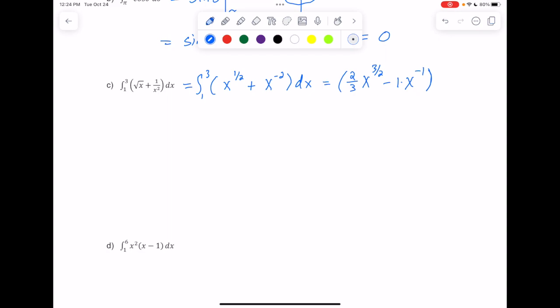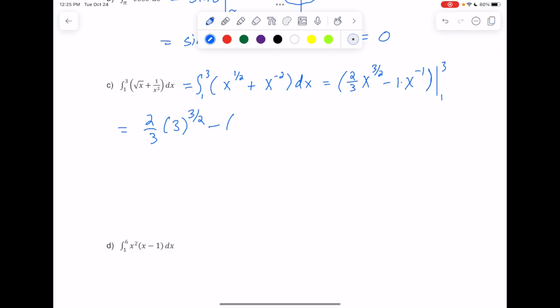So there's an antiderivative. You can check that real quick by taking derivatives and verify that you get back what's on the inside. And then for a definite integral, we then need to evaluate that from the lower limit, which was 1, to the upper limit, which is 3, which again means plug in the upper limit and then subtract what you get when you plug in the lower limit. So we have 2/3 times 3 to the 3/2, and then minus x to the -1.